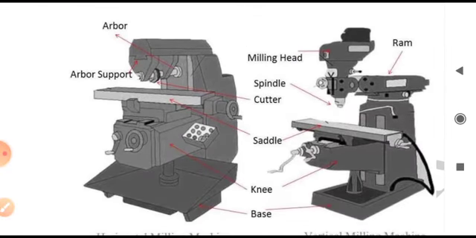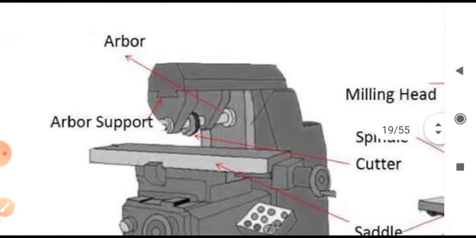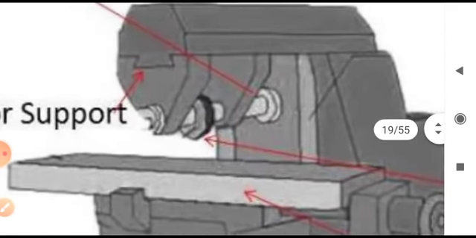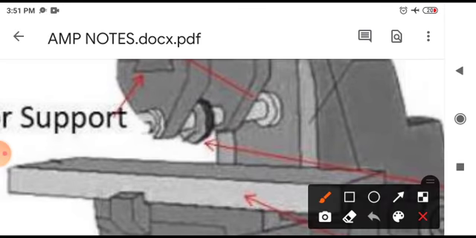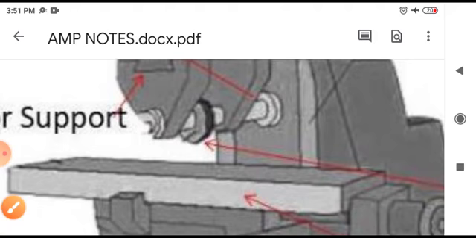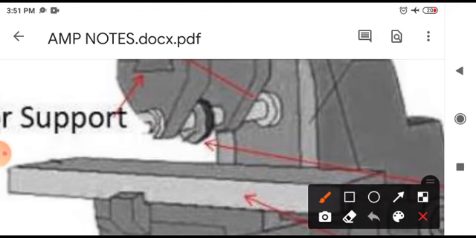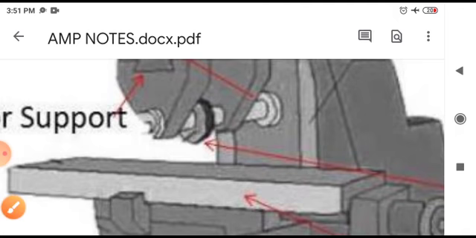Here you can see the horizontal milling machine, and you can also see the arbor provided. For a vertical milling machine an arbor is not necessary, but here in this white portion the arbor is there, because this is a horizontal milling machine, its axis is horizontal. For the previous one the axis was vertical, perpendicular to the table, while here the axis is parallel to the table.